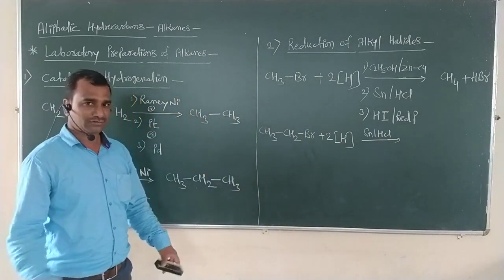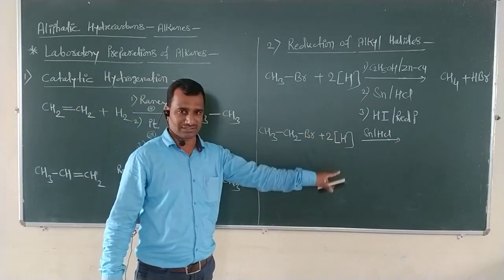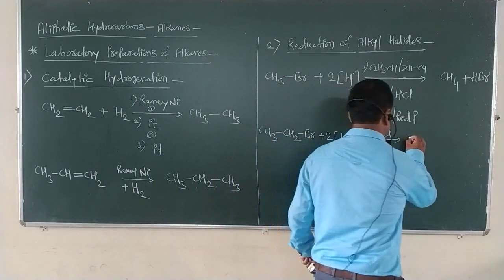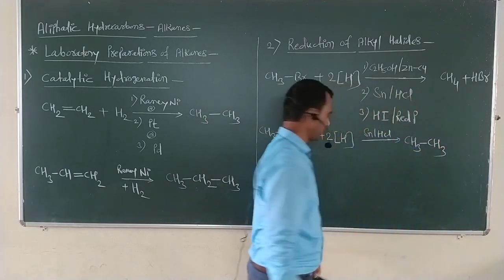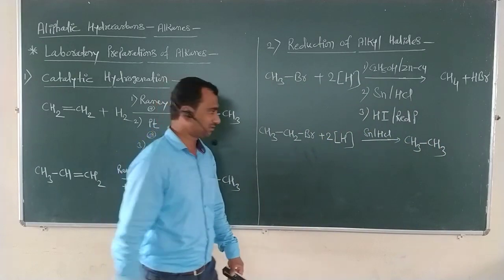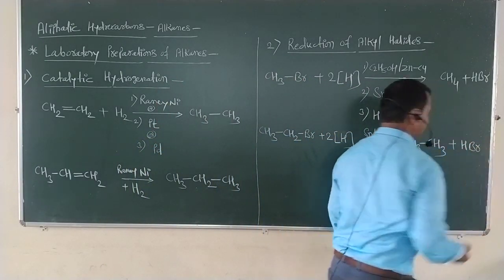What will you get? Again the same thing: the halogen gets replaced by hydrogen, and you will get CH3-CH3, plus the byproduct, again HBr.